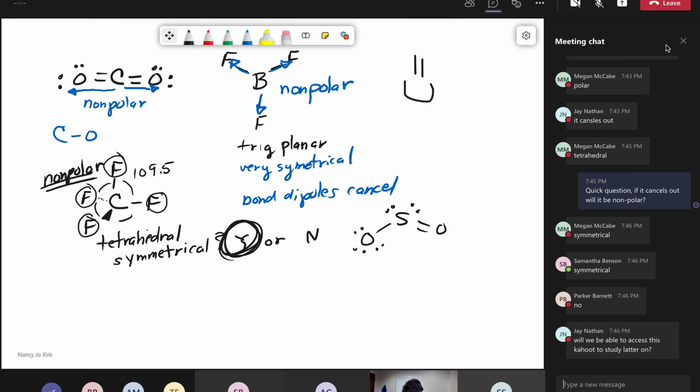But this is bent, not symmetrical. And it has these lone pairs, which makes it not symmetrical. So the only molecule with a dipole moment at all in this group is SO2.